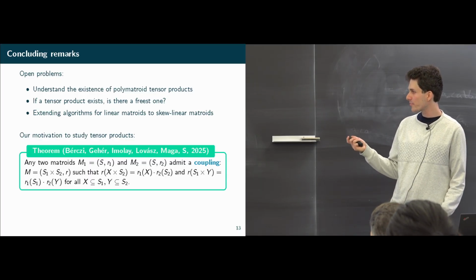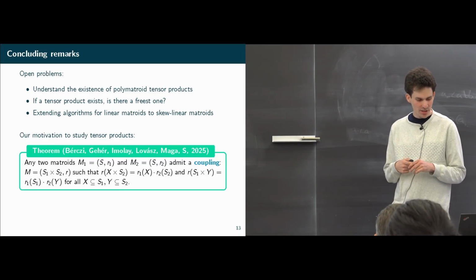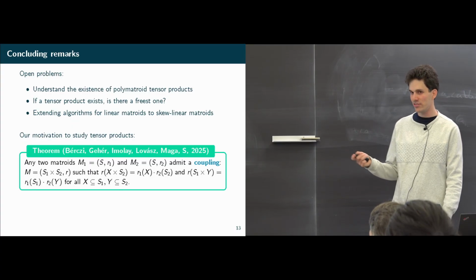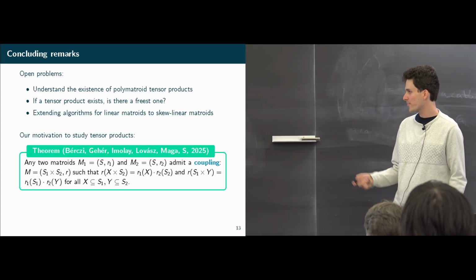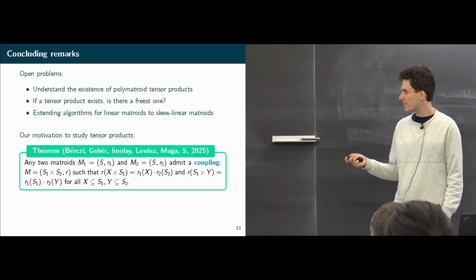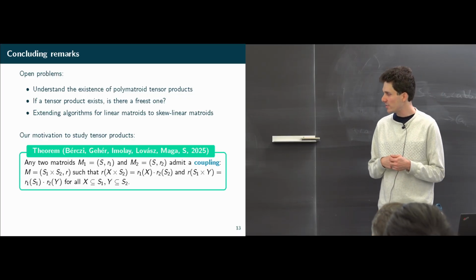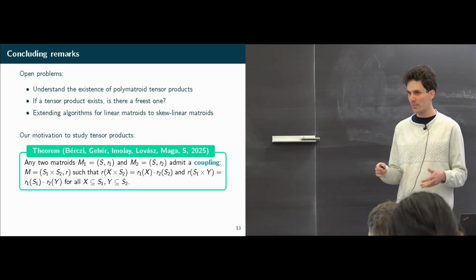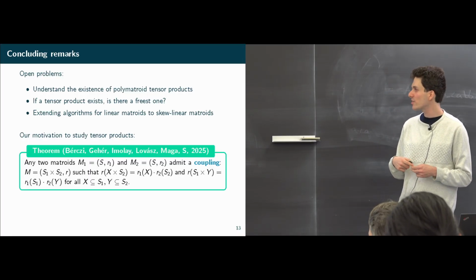For matroid rank functions, we say that a matroid is a coupling if it's again on the product of the ground sets, and we have two conditions: the rank of a set times the whole ground set in the other matroid, and the rank of the whole ground set in the first matroid and then any set in the second matroid, behaves like in the tensor product. So this is some relaxation of the tensor product.